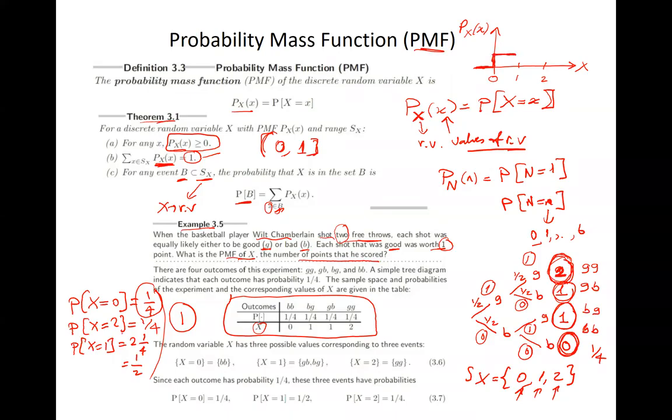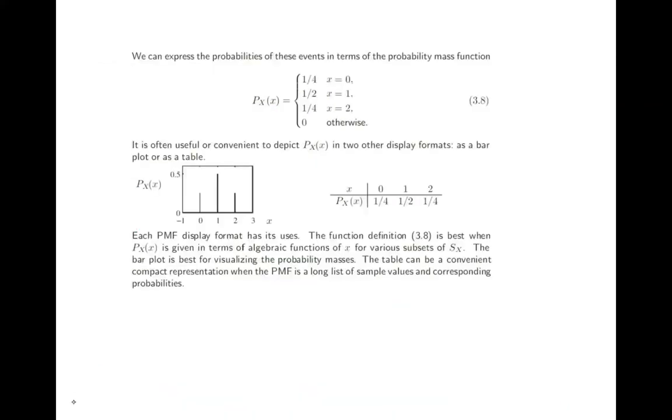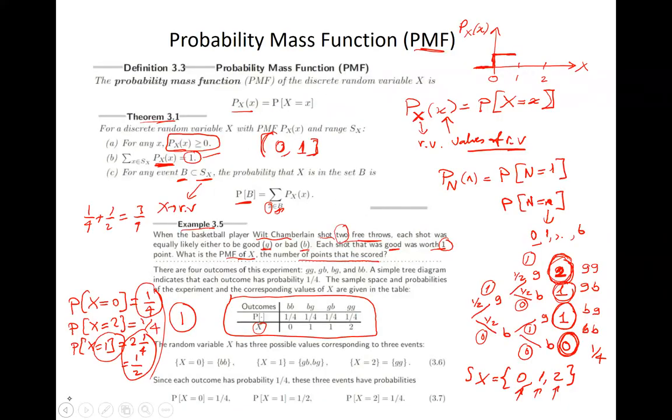And then when it is 1, that's going to be 1 over 4 plus 1 over 2, which is 3 over 4. So this increases to 3 over 4. So this is 1 over 4. This is 3 over 4.